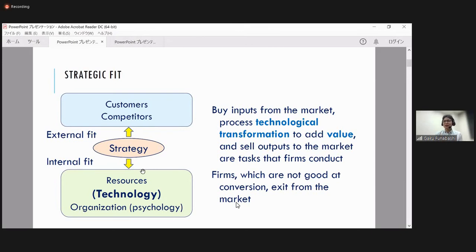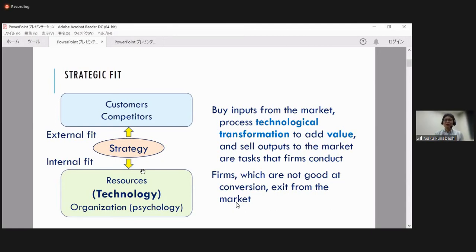I understand some of you are from the bank. I don't remember who it was, but I know some of you are from the bank. Even the bank is a kind of service industry, but you are using technologies and you are transforming something to something with your technologies.